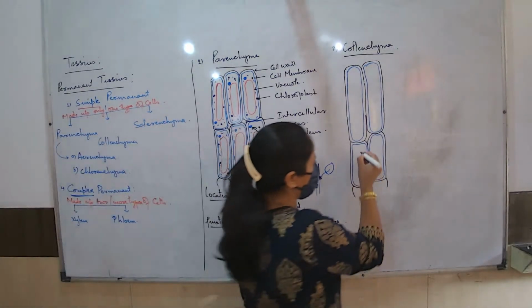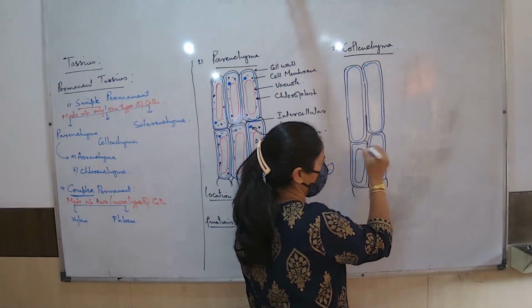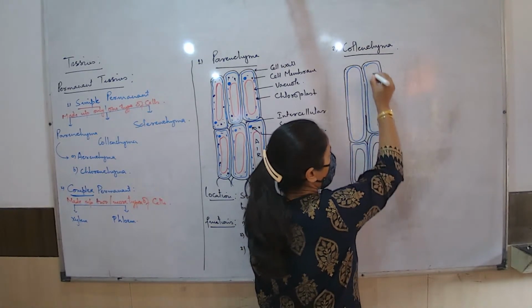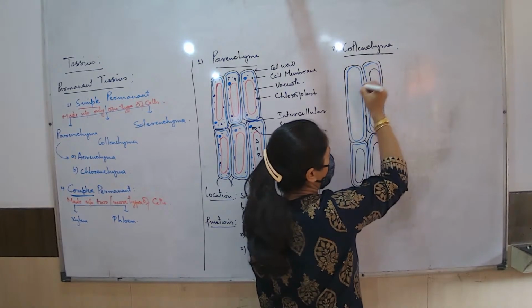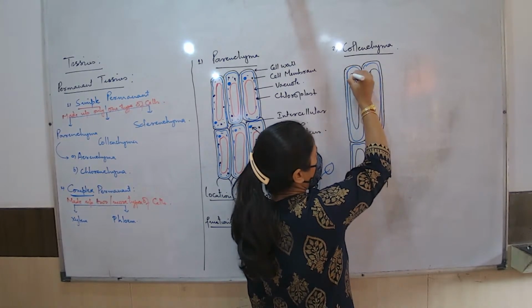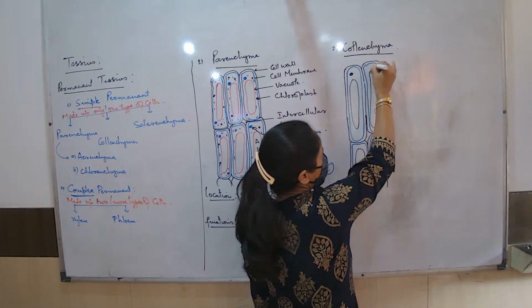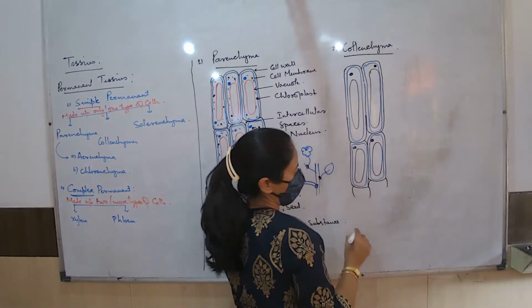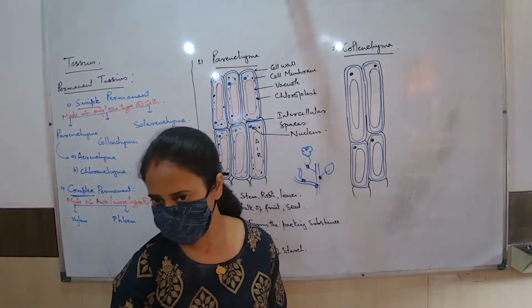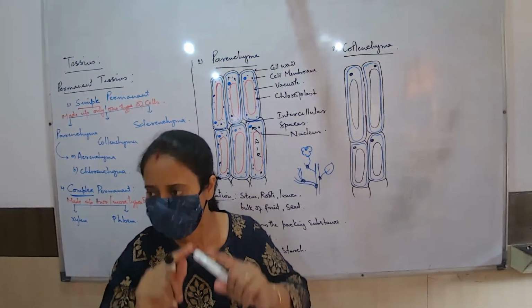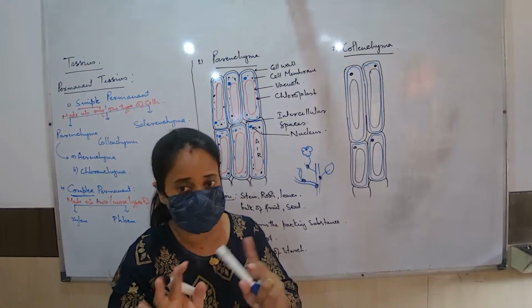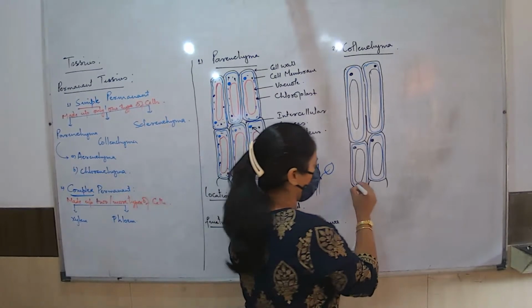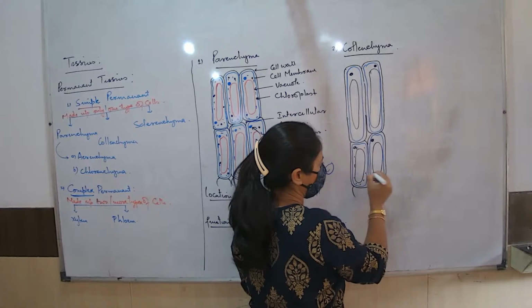So yes, we are drawing the vacuole here, and the vacuole is filled with sap. If it is a plant cell, it should have a large, big vacuole, a nucleus at one region, and then the cytoplasm. They may not have an adequate number of chloroplasts because we are talking about the branches and the twigs, the petiole. No, they are not green in color. And okay, we have got the cytoplasm here.